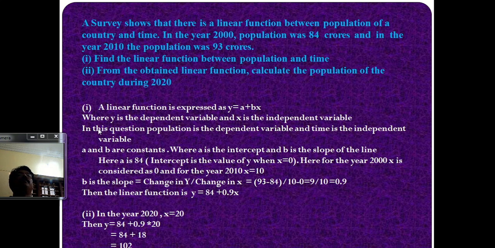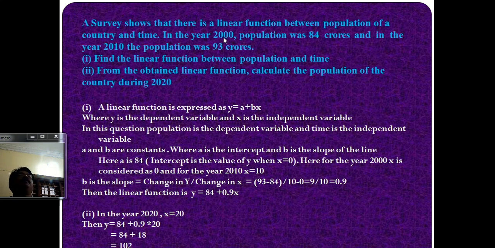So here in this question, you are considering the population as the dependent variable. Population is taken as the dependent variable and time is taken as the independent variable. So for this purpose, you are considering 2000 as the time variable taken as 0.